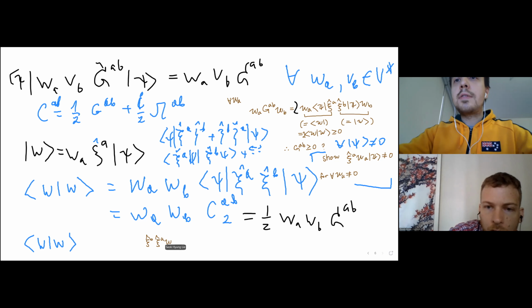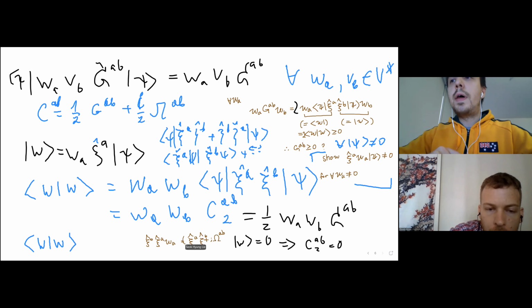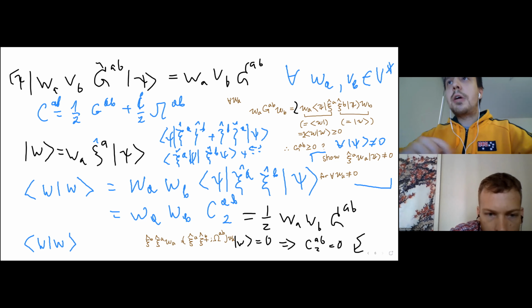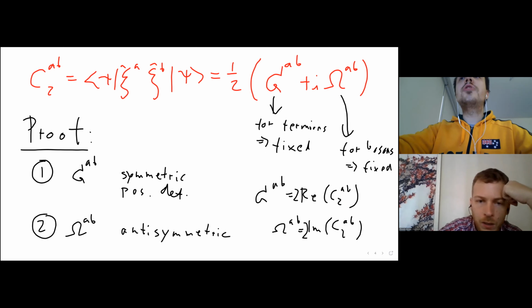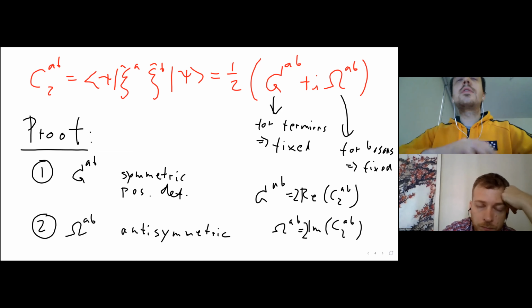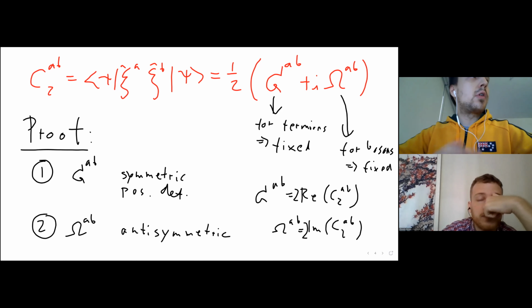The argument is: W equal to 0 would imply that C_AB squared is equal to 0. And this is clearly a contradiction, because we know, remember from the last slide, that due to the commutation or anti-commutation relations, either G or omega needs to be of the form that comes out of those relations.